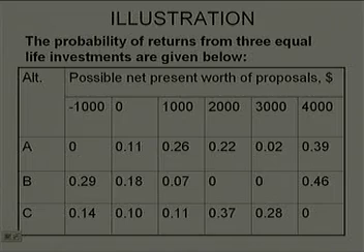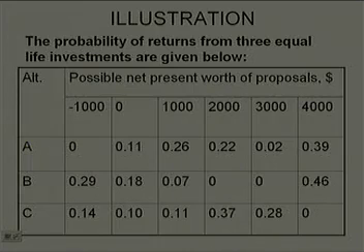Probability of making $2,000 net present worth is 0.22. Likewise, for $3,000 return or net present worth as well as for $4,000 net present worth, the associated probability values are 0.02 and 0.39. Likewise, I am given for alternative B as well as for alternative C.